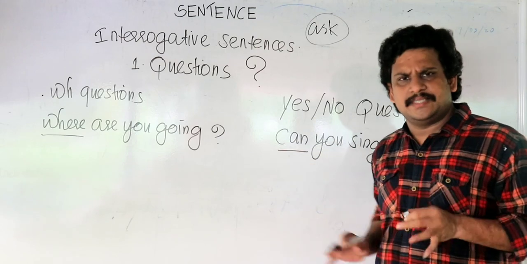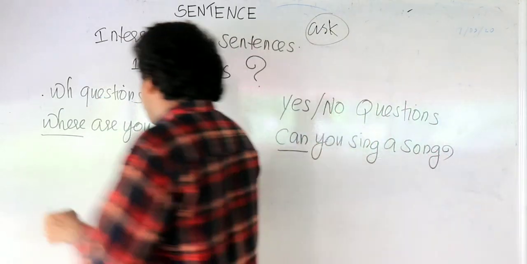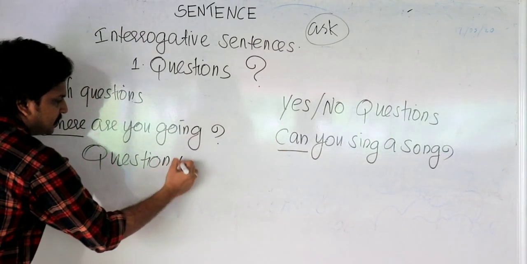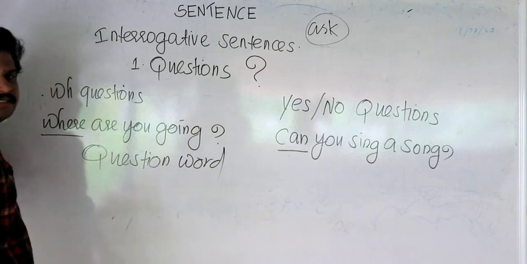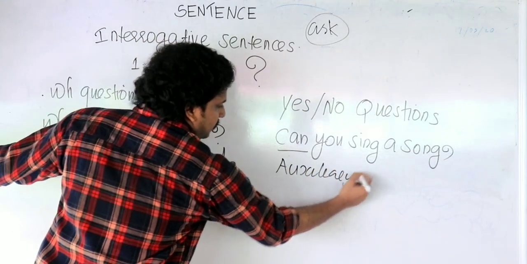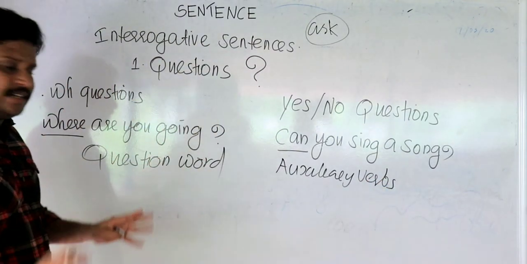Actually, the example is very simple. Definition: WH questions begin with the question words. Yes or no questions begin with the auxiliary verb. Auxiliary verbs. Nothing more is there.